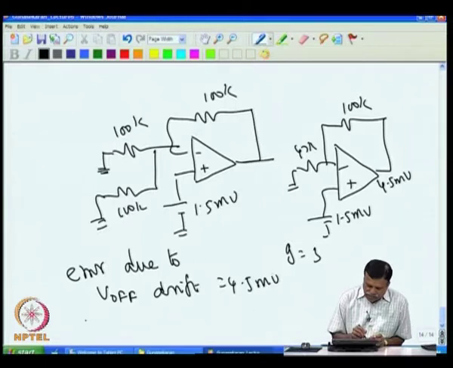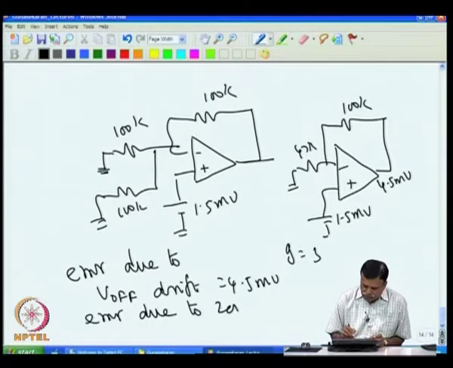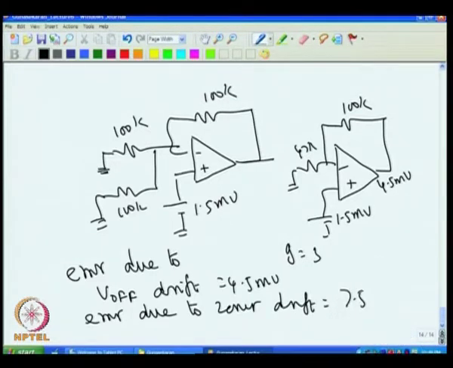We had seen error earlier, error due to Zener drift, that was at the output equal to 7.5 millivolt. So, this corresponds to 0.45 degree C error at the output, and this corresponds to 0.75 degree error.